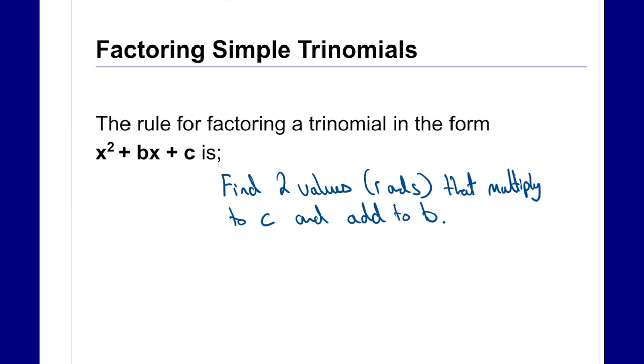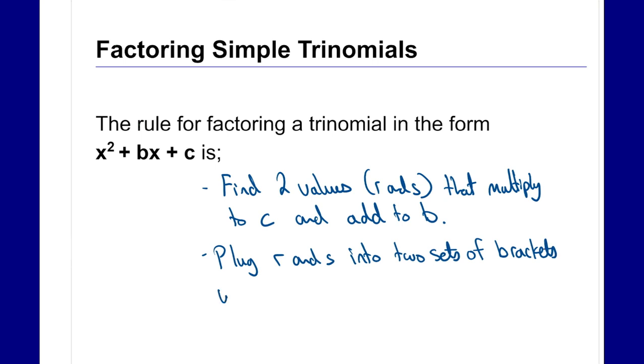Once we find those two values, we're going to plug r and s into two sets of brackets with x, or just our variable, because it might be a different expression that has a different letter, as the first term.